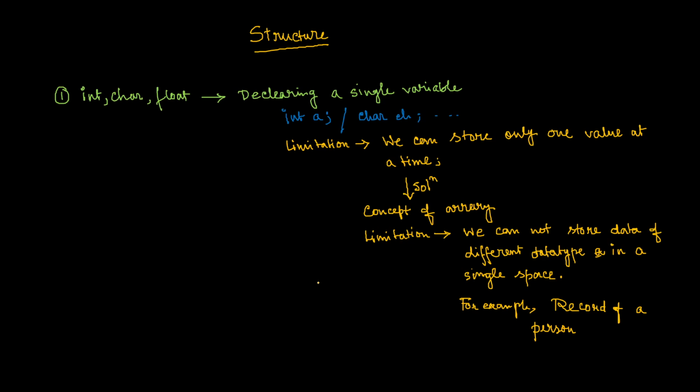But your name requires a character array where you will store your name as a string. If I want to store your marks of different subjects, then I need to store an array of say 5 or 10 length, depending on the number of subjects that you have in the current semester. But the data type of the array should be float, because marks can be in point, percentage can be in a point, and many more.